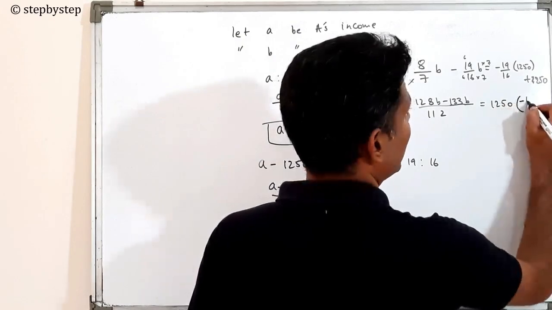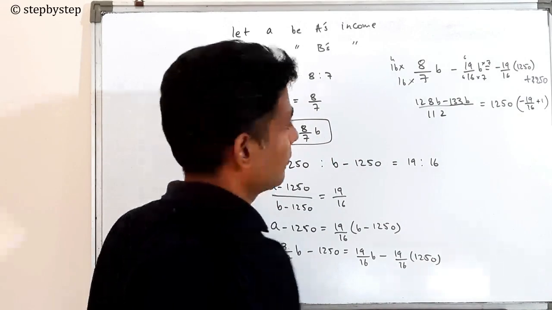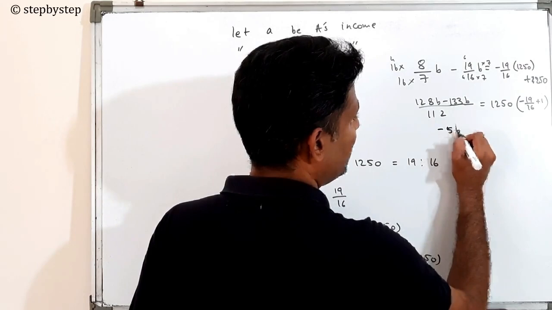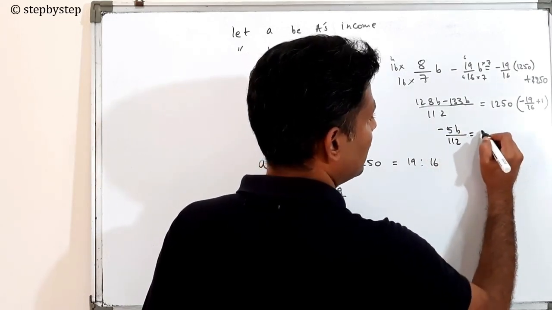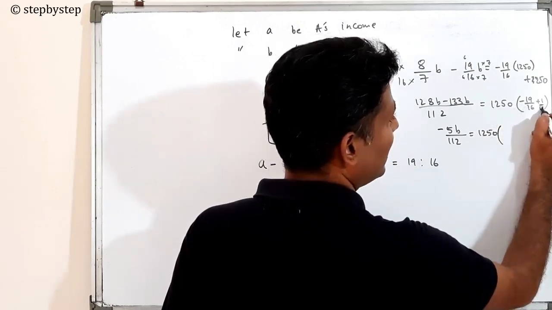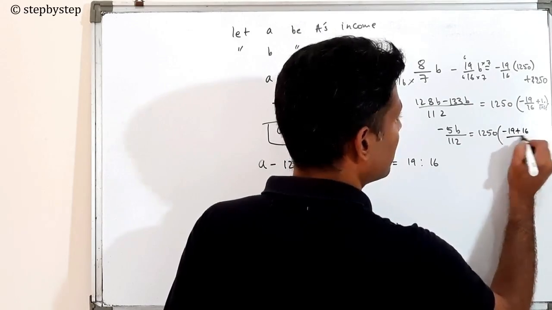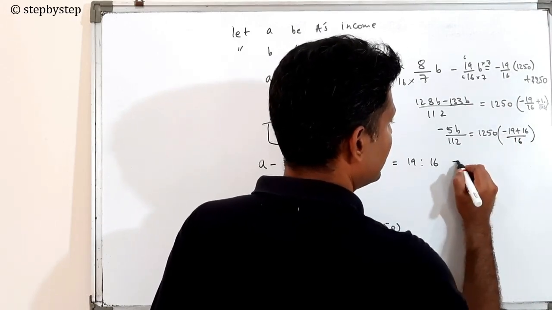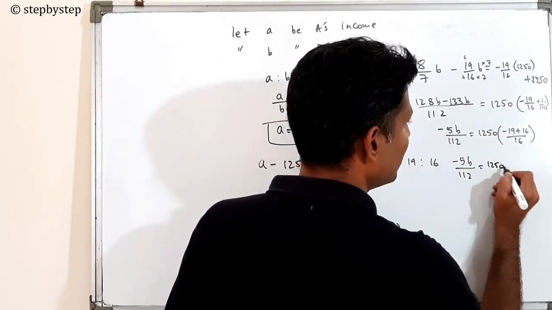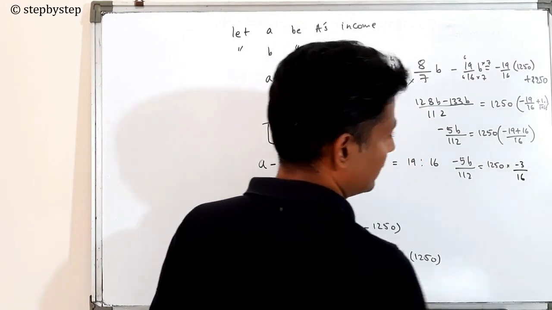What will I get? Minus 19 by 16 plus 1 in brackets. So 128 minus 133, we get minus 5B by 112 equal to 1250. And here when I take LCM, I get minus 19 plus 16 by 16. So I'll get minus 5B by 112 equal to 1250 into minus 3 by 16.